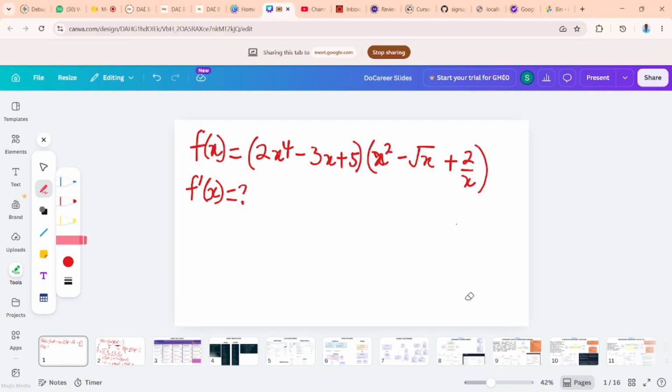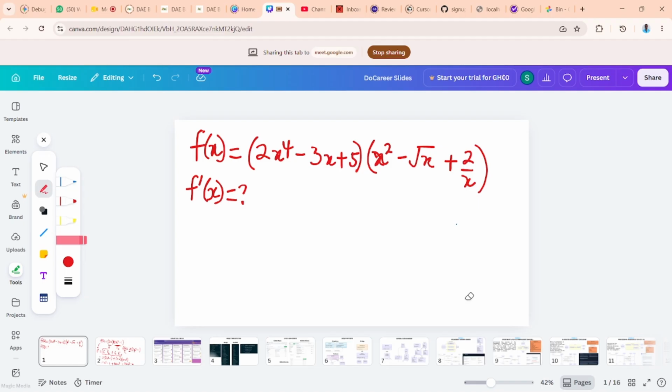Okay, okay. Yes, this is what I got. I don't know whether I should simplify further. No, you don't have to.